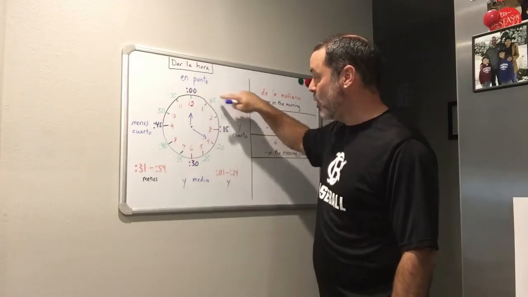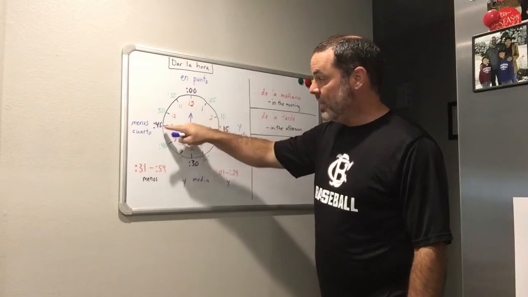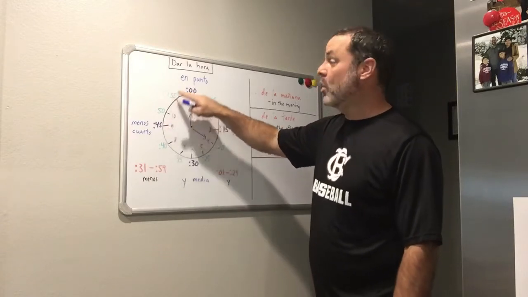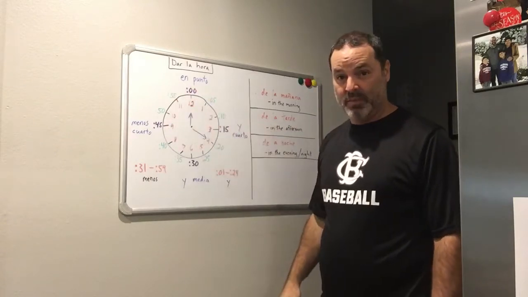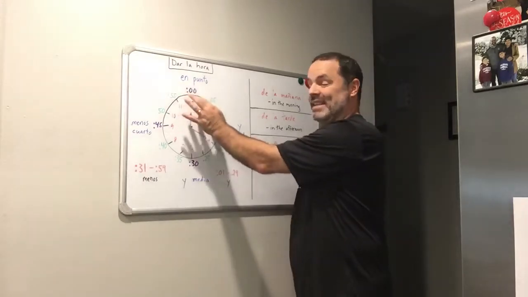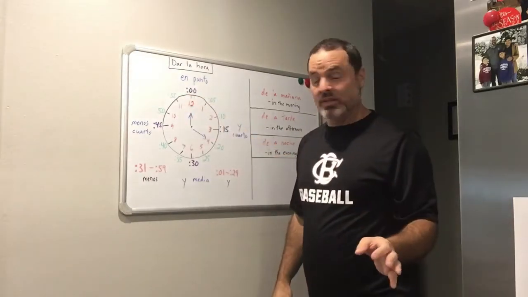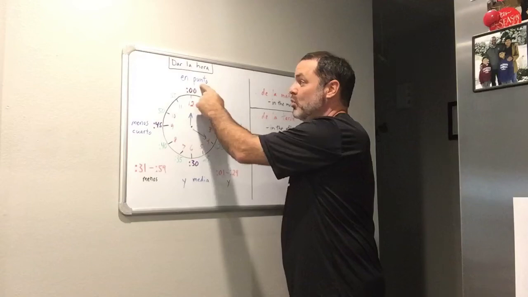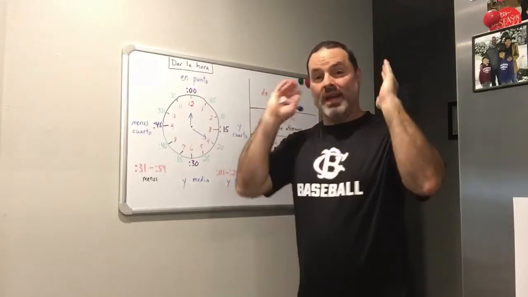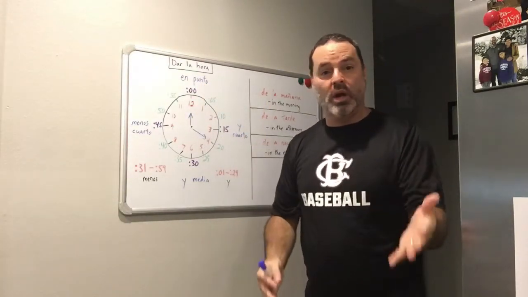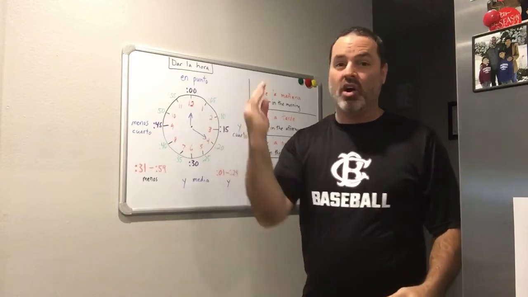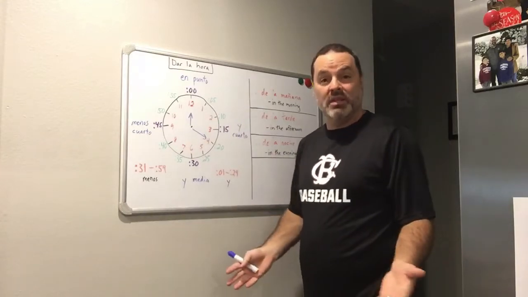In this case, it's quarter after the hour, and at 45, it's going to be quarter to the next hour. When it's exactly 00 minutes, it's called en punto. That means you are exactly on an hour, 1 o'clock, 2 o'clock, 3 o'clock, on the dot. En punto basically means on the dot.